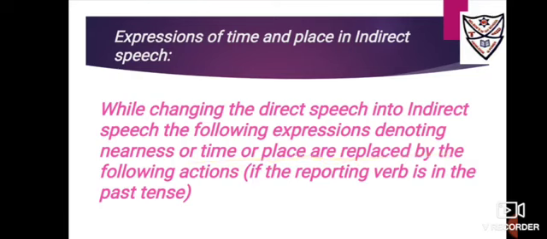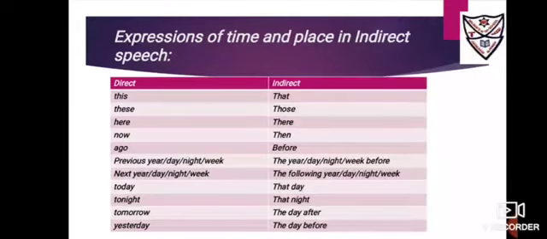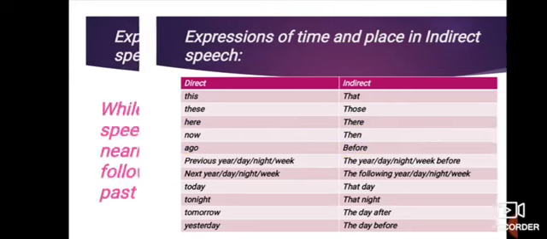But you have to make sure that your reporting verb is in the past tense. For example, in direct speech, "this house" changes to "that house", "these houses" to "those houses", "here" to "there", "now" to "then", "ago" to "before".